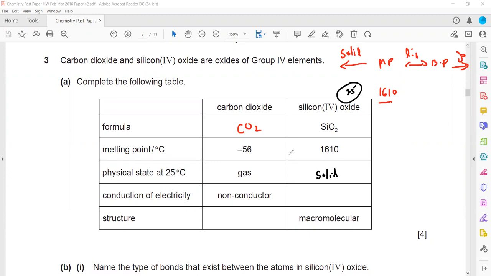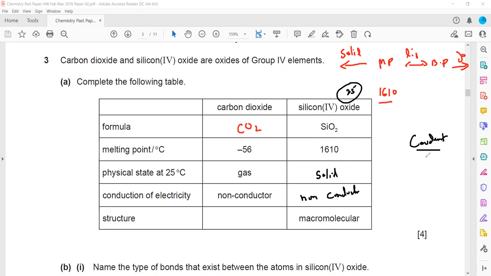Then conduction of electricity: covalent compounds as well as elements which are having a covalent bond cannot conduct electricity, except graphite. So silicon(IV) oxide is a non-conductor, it does not conduct electricity. Then structure: covalent means when two or more non-metals are attached.